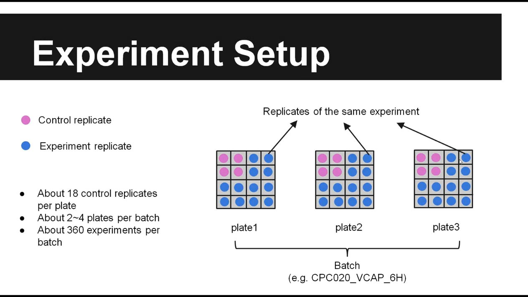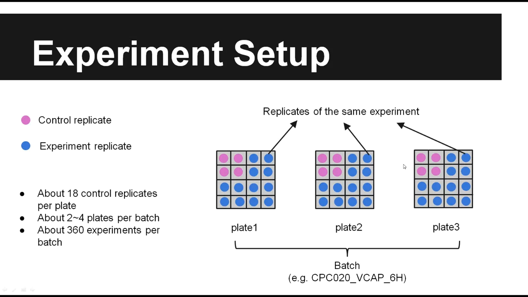So this is the experiment setup for most of the experiments in LINCS L1000. In this illustration, the purple dot means control replicate, and the blue dot means experiment replicate. Here's the concept of a bench: a group of experiments that share the same plate.